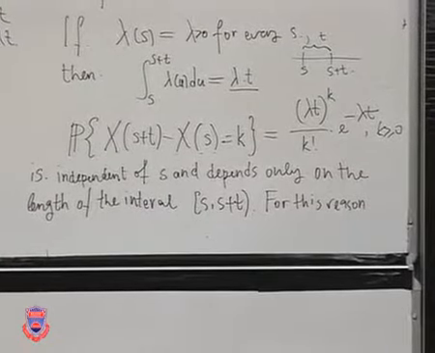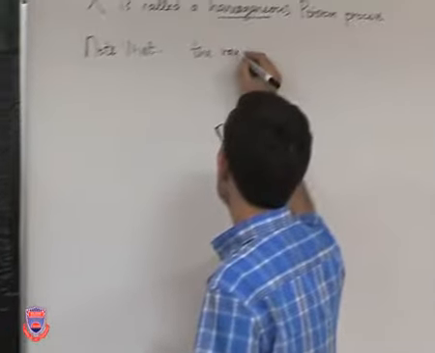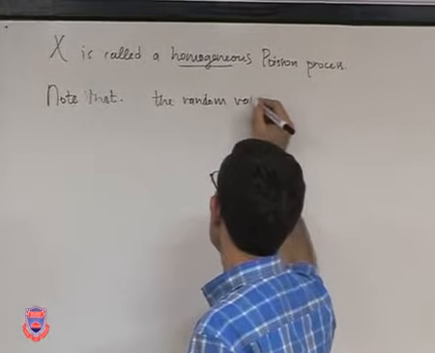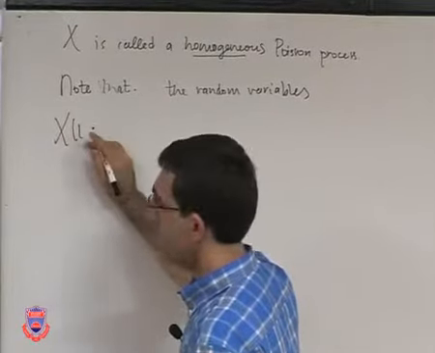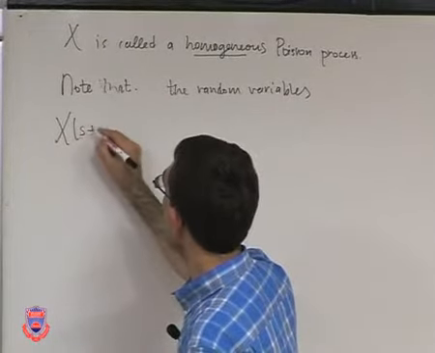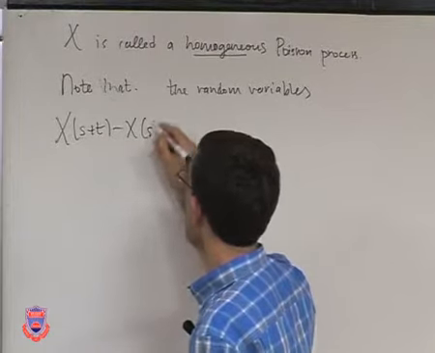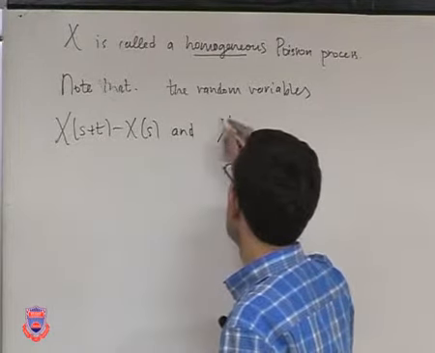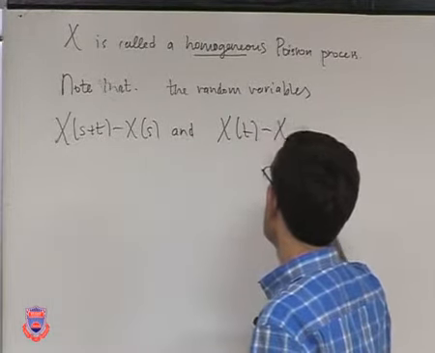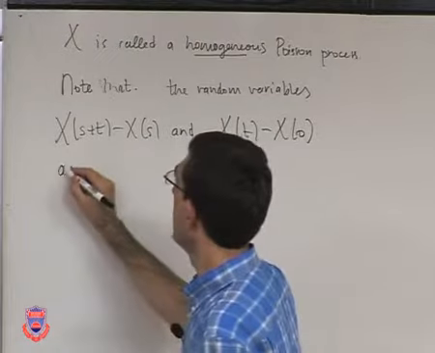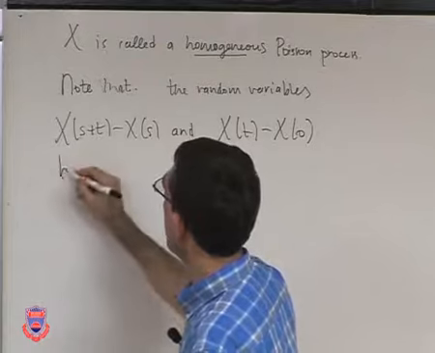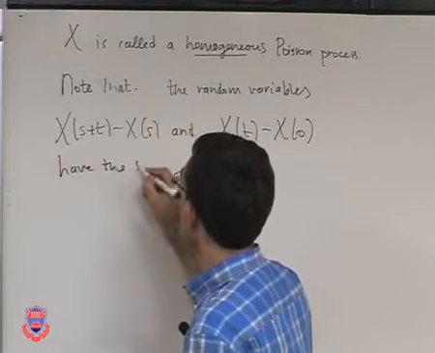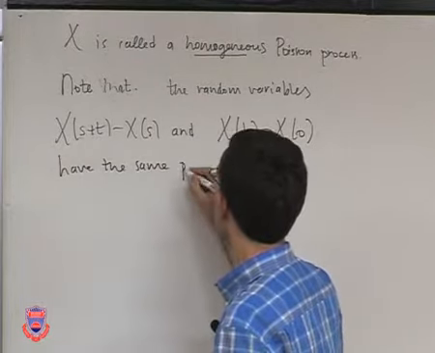Namely, the random variables X(s+t) minus X(s) and X(t) minus X(0) have the same probability distribution.